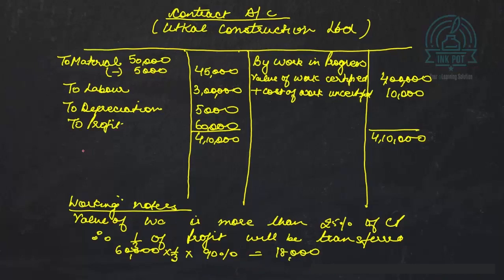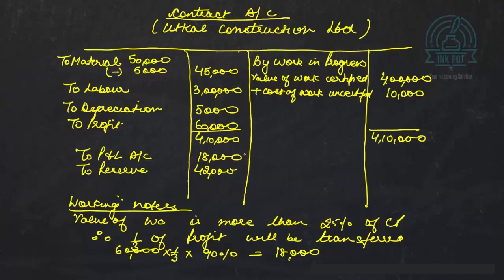So I'm writing here to P&L account 18,000, and remaining is 60,000 minus 18,000 comes out to be 42,000 to reserve. This is known as reserve for unrealized profit, that is 42,000. So out of 60,000 profit which we have earned, 18,000 is transferred to P&L and 42,000 is kept as reserve.